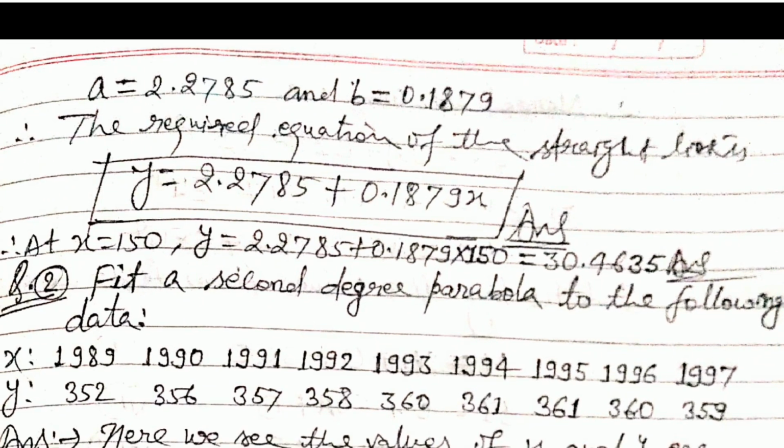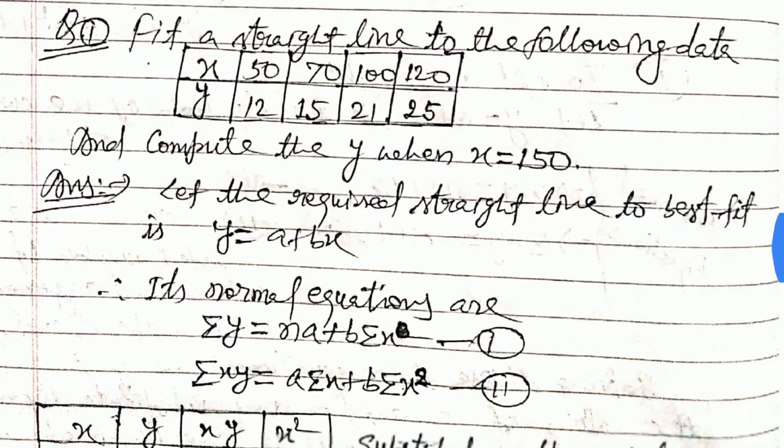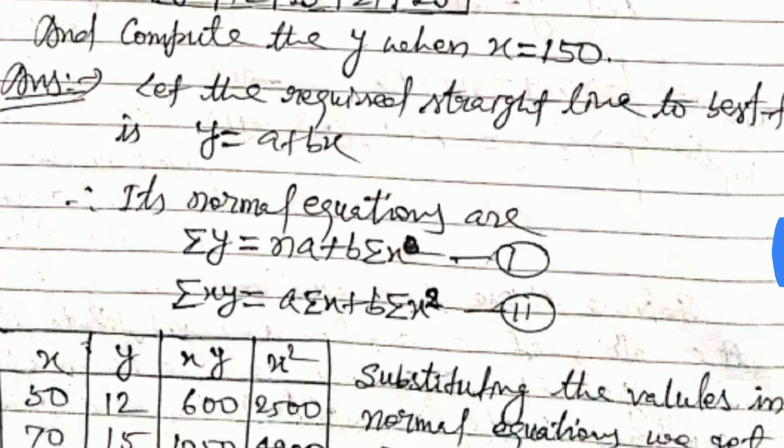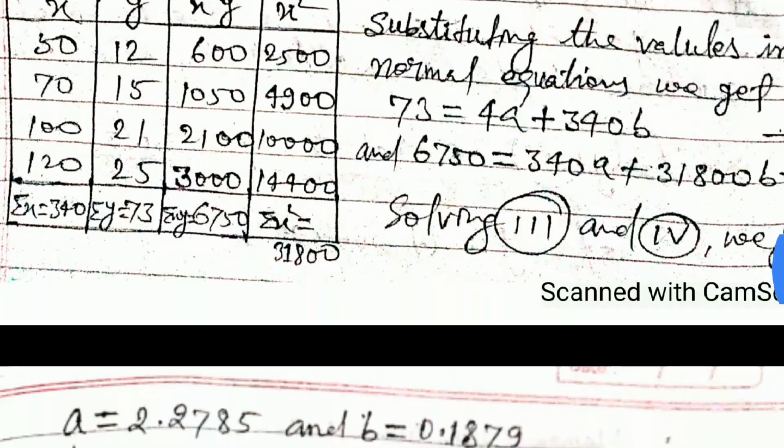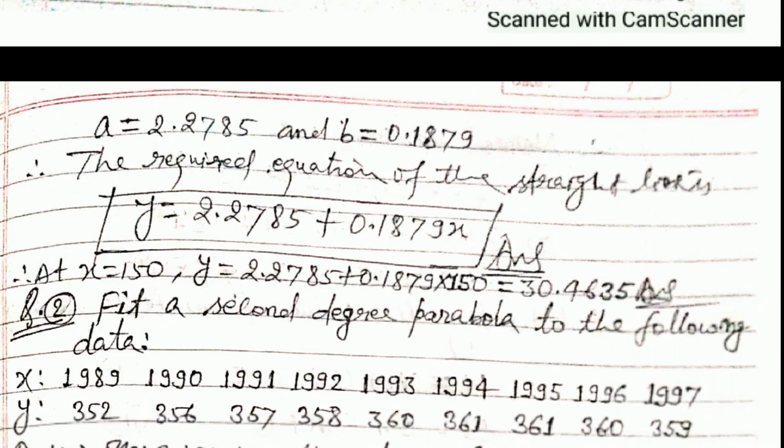We substitute a and b in the assumed equation y is equal to a plus bx. So y is equal to 2.2785 plus 0.1879x. This is the required equation of the straight line.